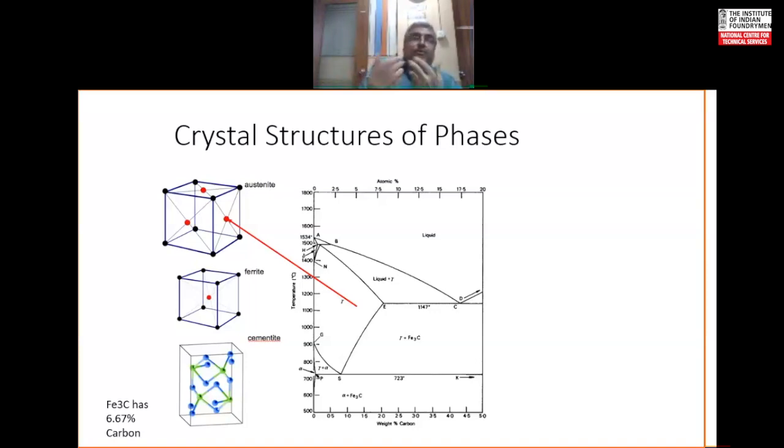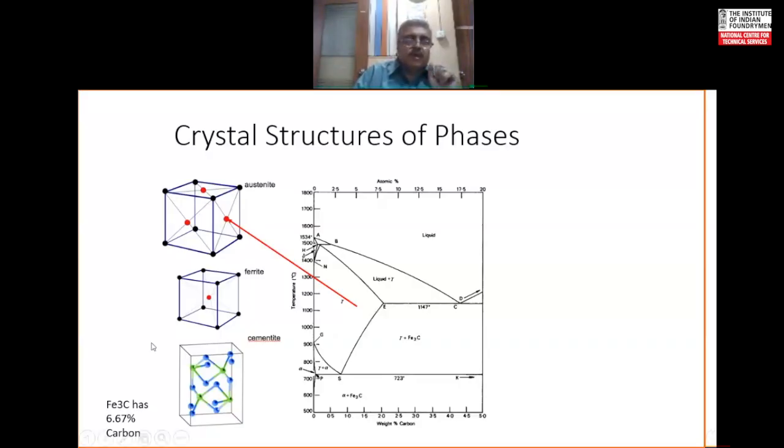If you do X-ray diffraction studies, you will find that the structure is in the form of a cube, and the iron atoms occupy not only all the corners of the cube, but also the center of each face. That is why it is called face-centered cubic structure.